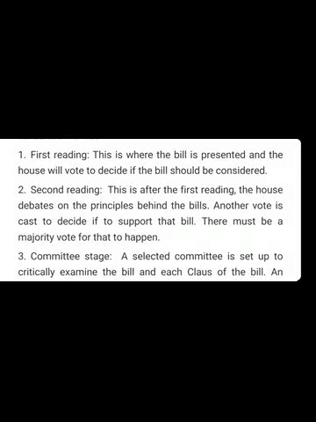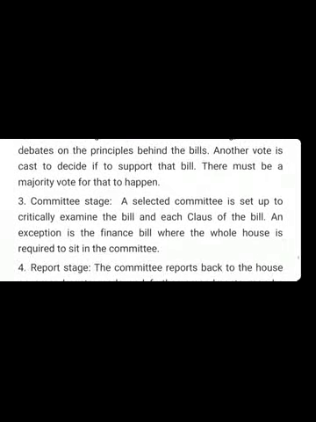Now, in the first reading, there is no argument, but in the second reading, there is argument, and there must be a majority vote for the bill to move ahead. When the votes are cast and the bill is accepted after the second reading, it moves to the third stage, which is the committee stage.